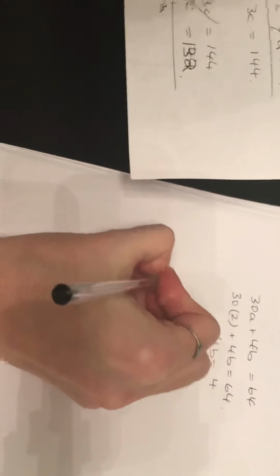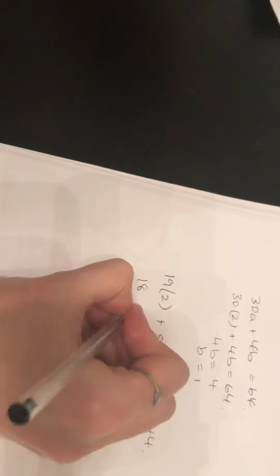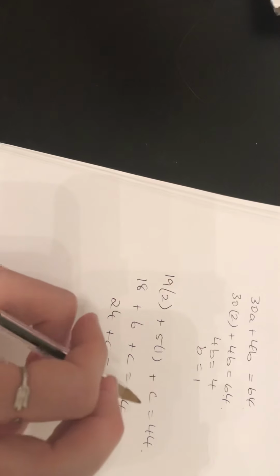Now I know that, I'll just take 19a plus 5b. So that's 19a plus 5 times b plus c equals 44. And there's loads of ways of doing this. So it's 24 plus c is equal to 44.